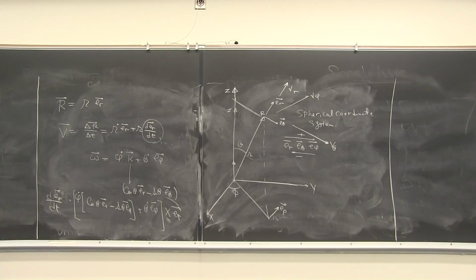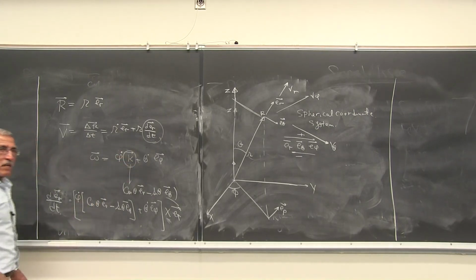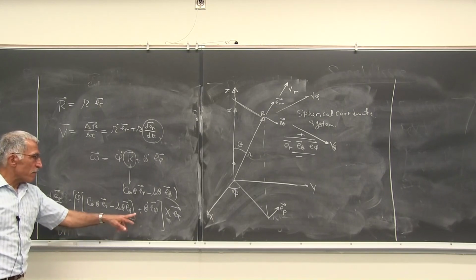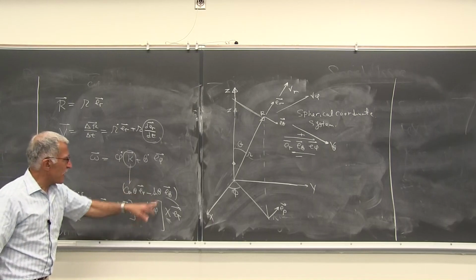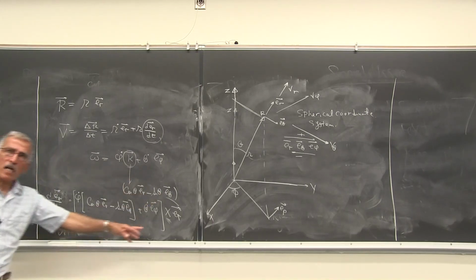Then you say omega times ER, dER dt is that. But because we do not have k, you better write k in terms of ER, E theta, or E phi. In this case, your k is cosine theta ER minus sine theta, and plus phi dot E phi that you have already here. And then that's omega times ER.